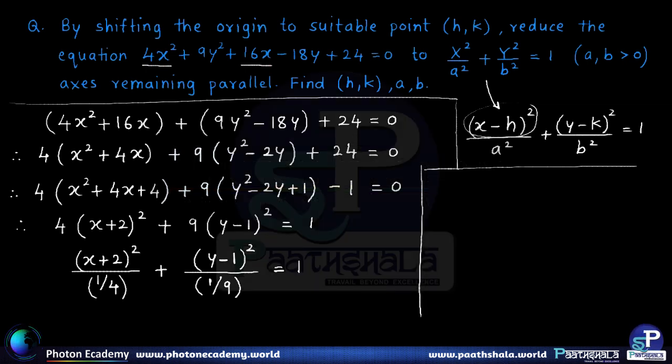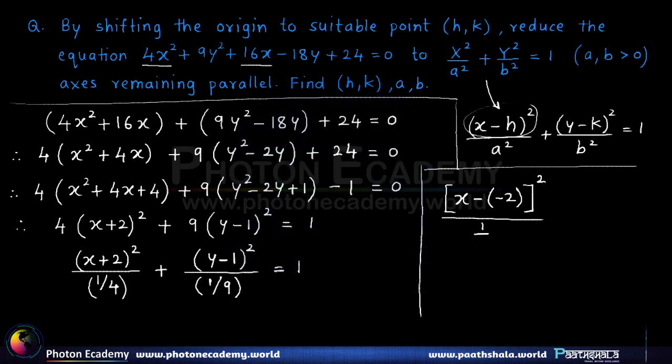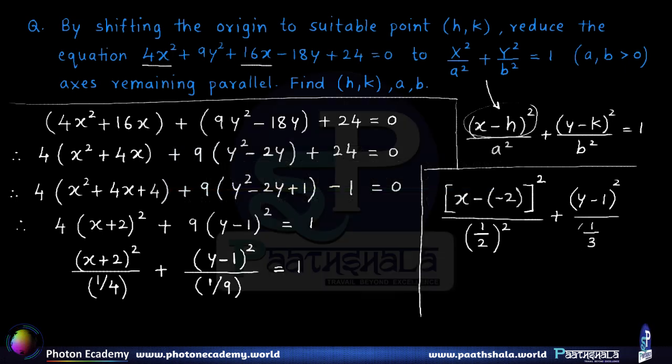So therefore x plus 2 can be written as x minus minus 2 the whole square, and similarly the 1 by 4 in the denominator can be written as 1 by 2 the whole square, plus we already have y minus 1 as the subtraction, so nothing to do there, whole upon 1 by 9 can be written as 1 by 3 the whole square equal to 1.